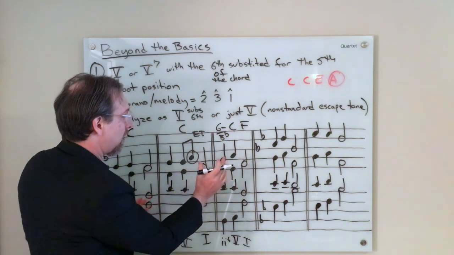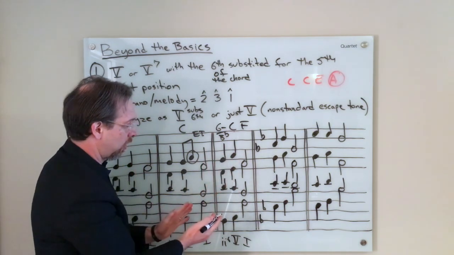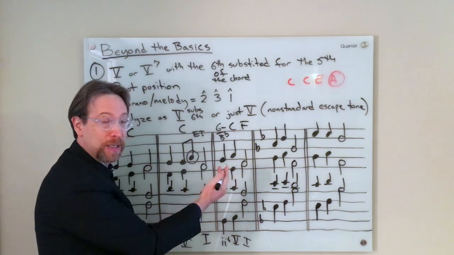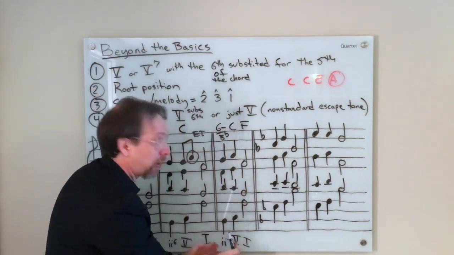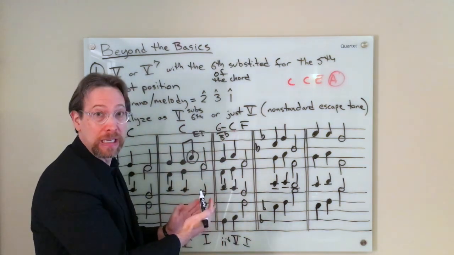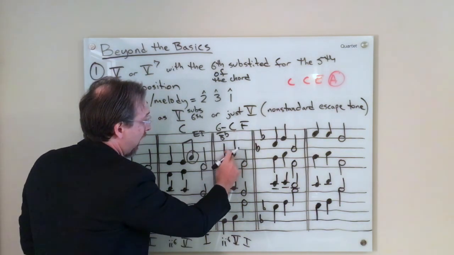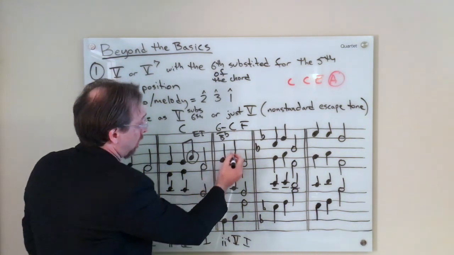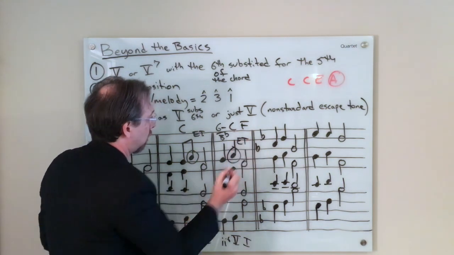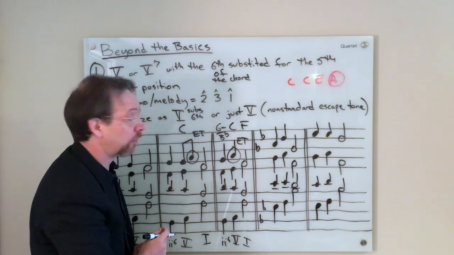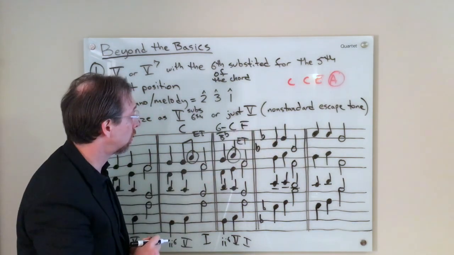And that just becomes non-standard because the preparation for the non-chord tone happens in the chord beforehand, and the entire duration of the 5 chord is all the non-chord tone. So you really could consider that a non-chord tone. You could circle it and call it an escape tone, ET, and label it as such.